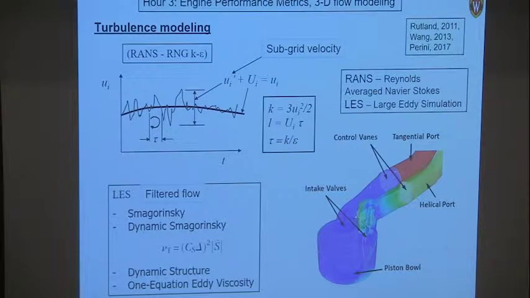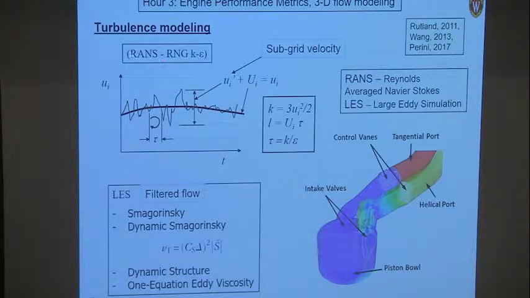I can imagine an average velocity. That would be my capital U here. And then a fluctuating velocity, u prime. Generally, the u prime is a subgrid velocity. In other words, I have to model it because I'm not actually solving it. Whereas in the large eddy simulation case, I'm trying to resolve as much of this fluctuating component as I can.